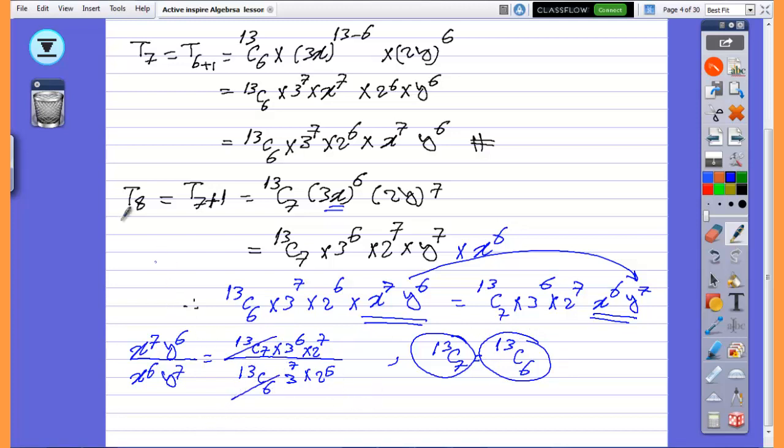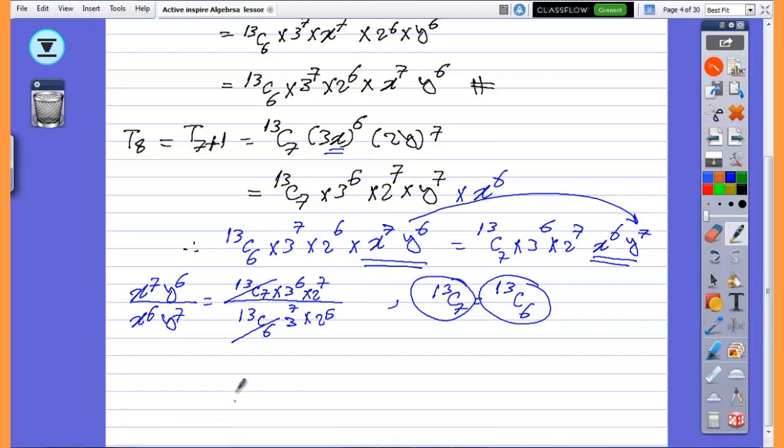And here 3 power 6 over 3 power 7 equals 1 over 3. 2 power 7 divided by 2 power 6 equals 2 power 7 minus 6, which equals 2.